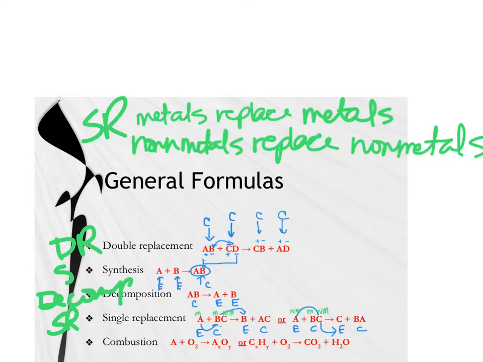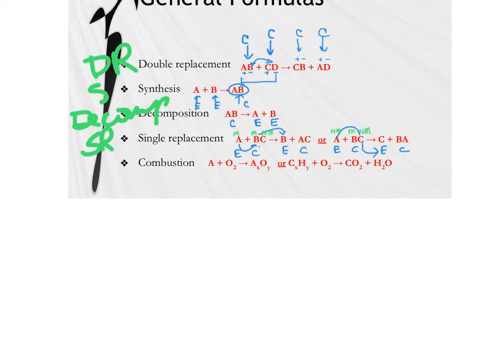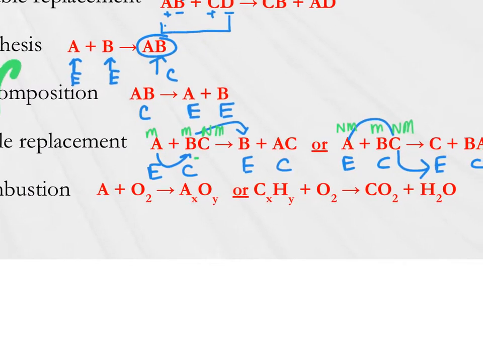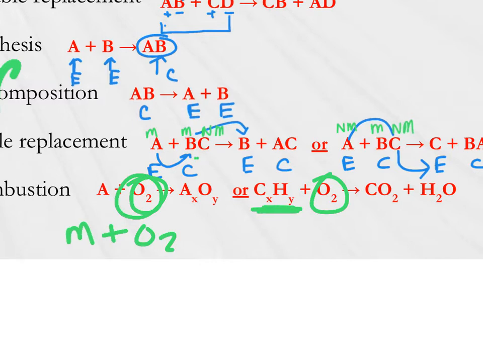And then our last one is a combustion reaction. Combustion, you think of something burning, and what does everything need to burn? Some oxygen. Notice that all these are reacting with oxygen. So this is some metal plus oxygen. And remember these were the hard ones to balance when we were balancing them before?